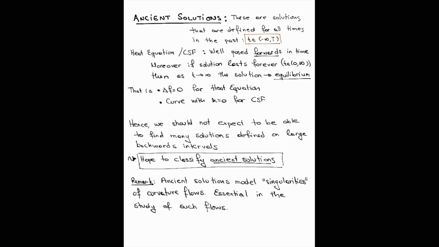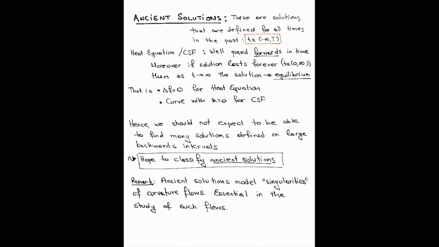If you have a solution that lasts forever, you expect that as t goes to infinity, your solution will tend to a solution of this equation, just the right-hand side being 0. You forget about the t part. Same thing with curve shortening flow. You expect that if you have a solution that lasts for all time, as t goes to plus infinity, your curve should converge to something where the curvature is equal to 0. In one dimension, what is it? It's just a line.